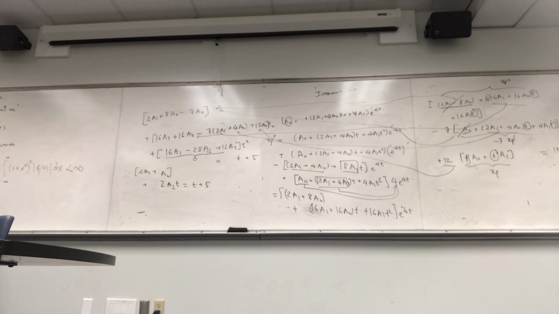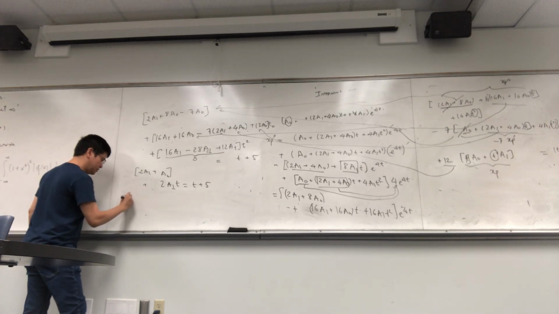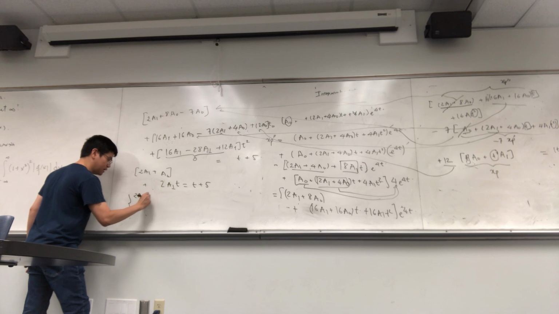Right, so what can I say about a0 and a1? Yes? a1 has to be a half, and then we can use that to solve for a0. So here you're going to have 2a1 is 1, right?